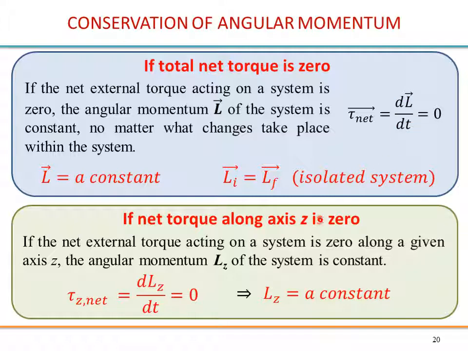So in fact, if tau net along z is 0, then you have dLz/dt equals 0 and Lz equals constant. Even if Ly or Lx is not a constant, Lz is a constant, and you can use this as well. Often this is very convenient.